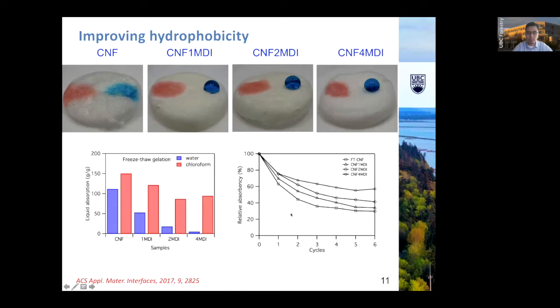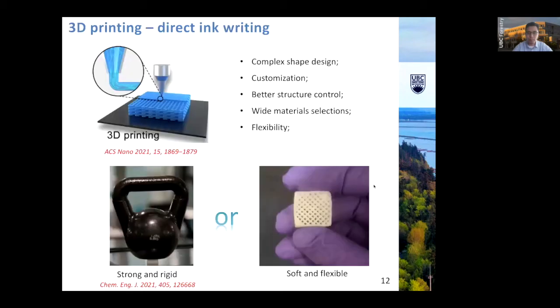After 6 cycles, it only retains about 30 to 40% of the original absorption capacity. However, after modification with a fourfold weight of the MDI, it can maintain much higher, about 60% of the absorption capacity, meaning this structure becomes more rigid and strong, and it can prevent shrinkage during the evaporation.